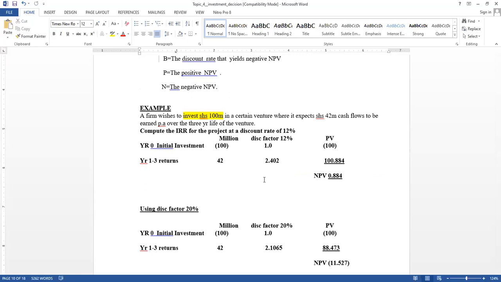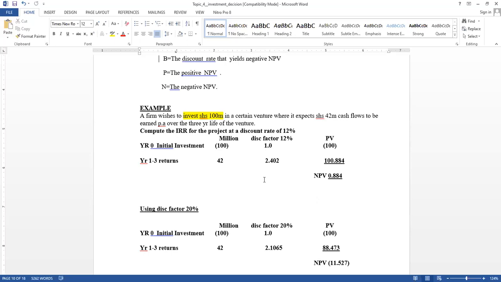I said you need to estimate the rate that would give you a negative NPV. So if 12 has given you a positive, that means you need to increase the rate further. And I say take the highest, because if somebody takes 25, you will still get the same internal rate of return.